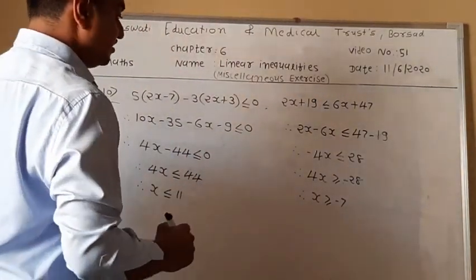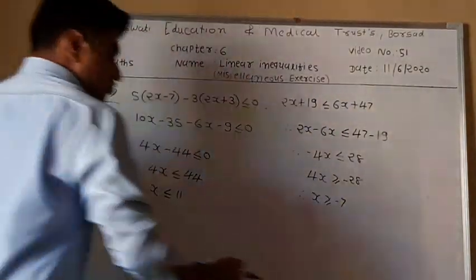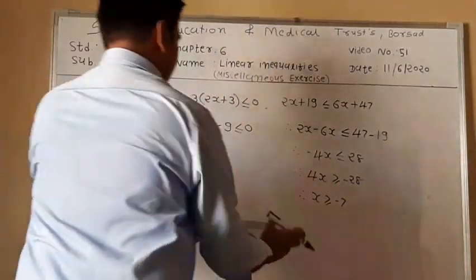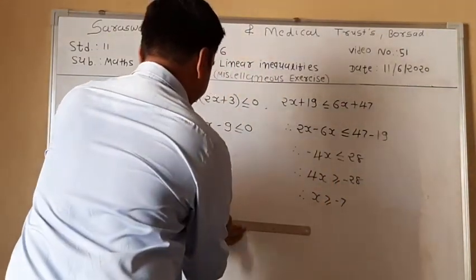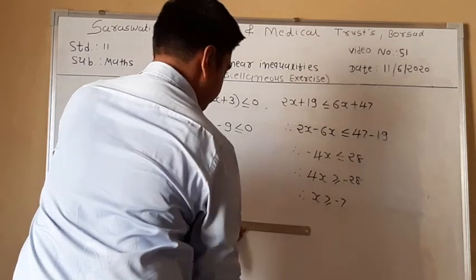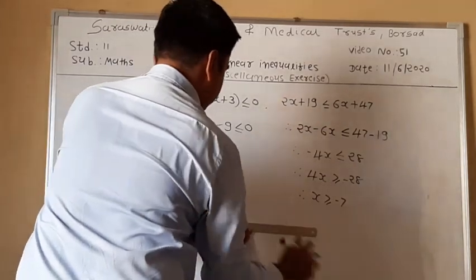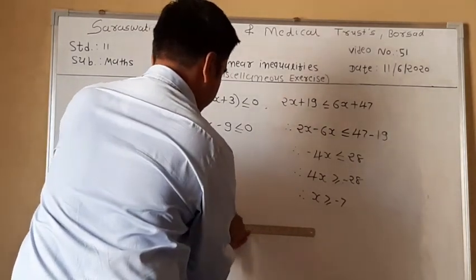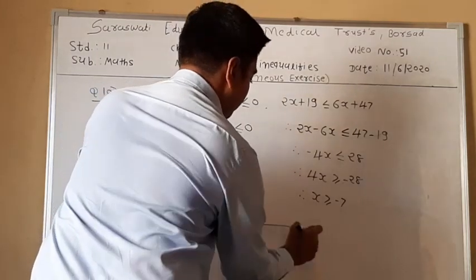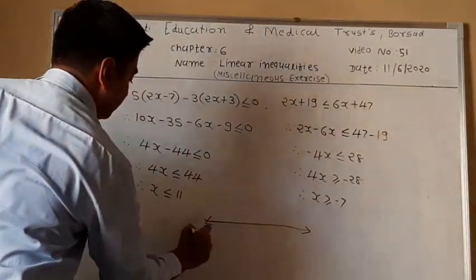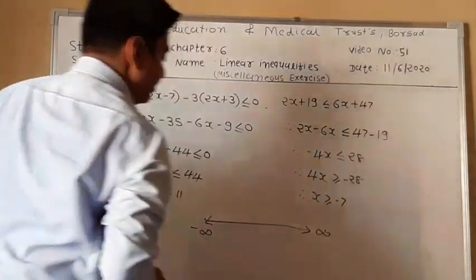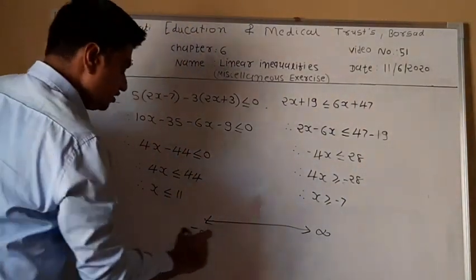Now let us represent it on the number line. Here draw one number line. Here minus infinity and here infinity is present.